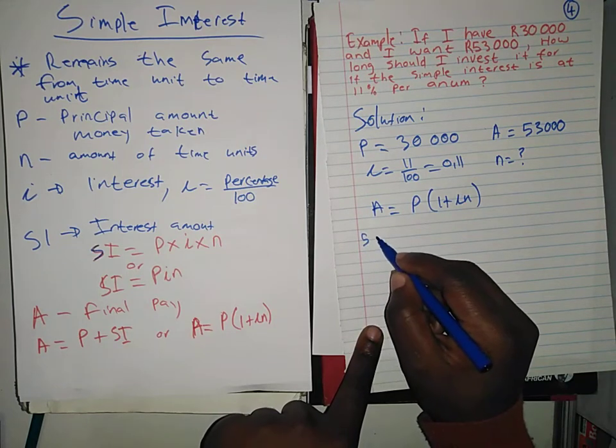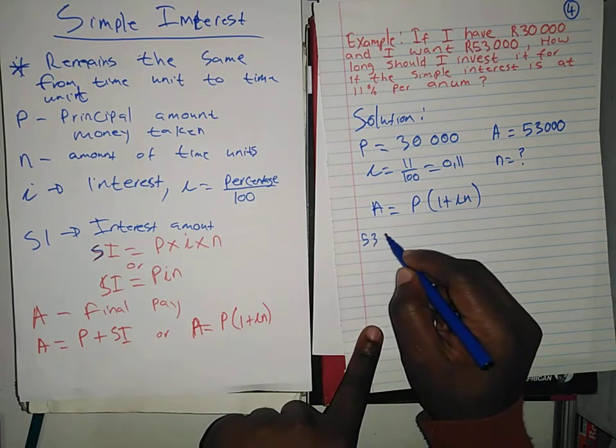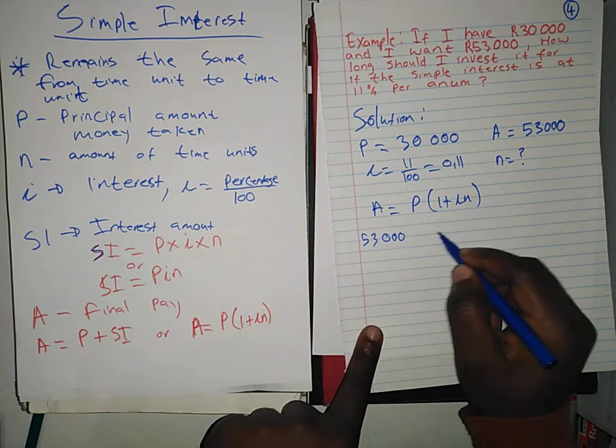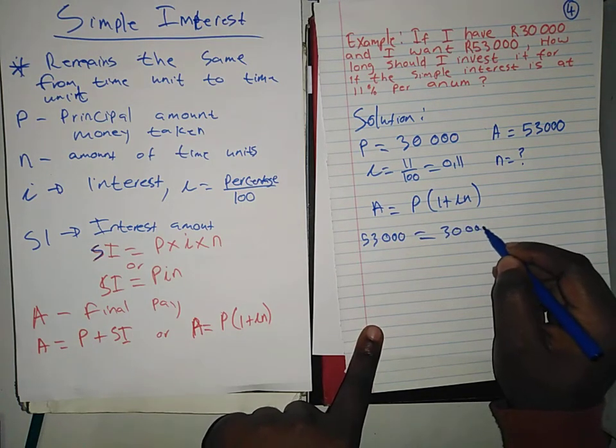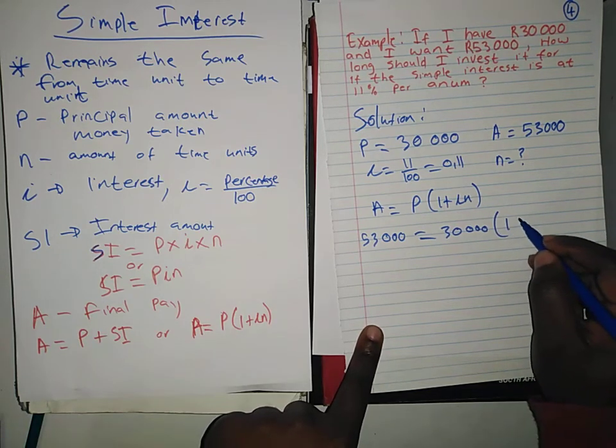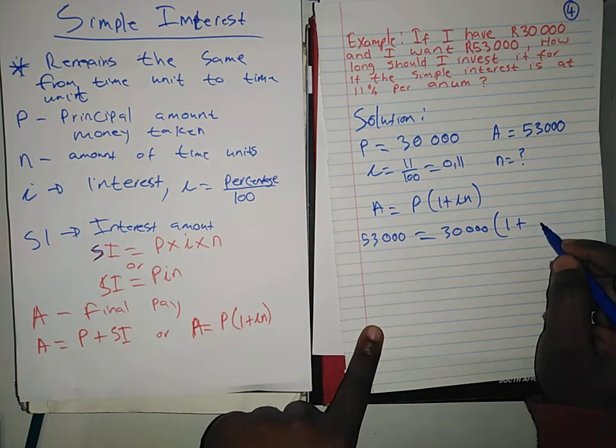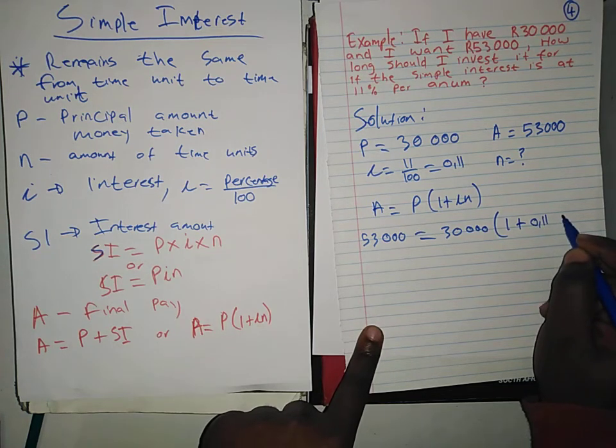A is 53,000, which is equal to P, which is 30,000, and open the bracket: 1 plus, and your I is 0.11, and then you've got your n.